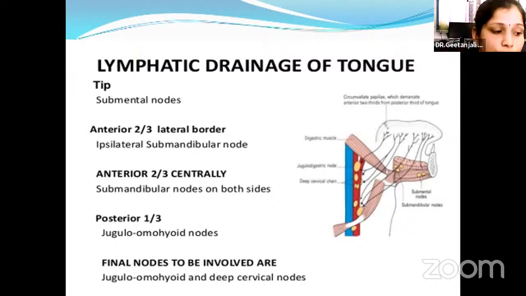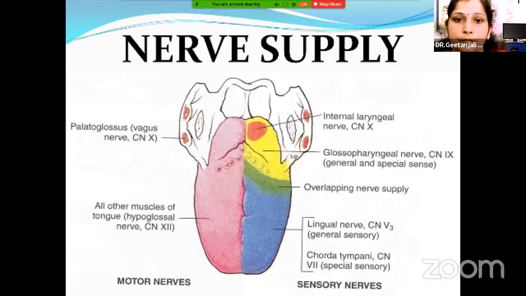Then next we come to the nerve supply. See here, motor nerve supply and sensory nerve supply.